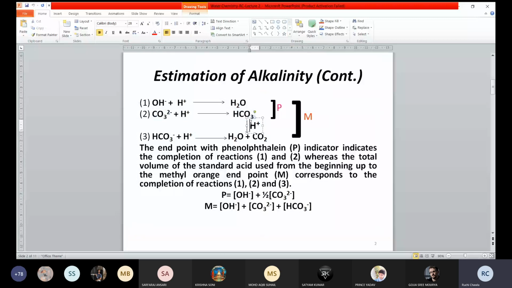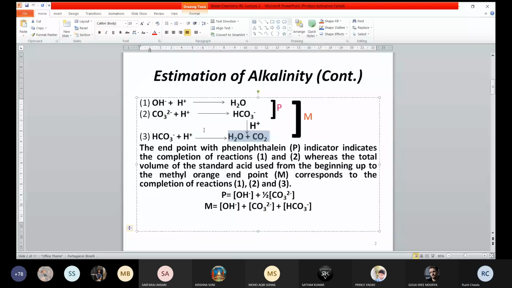If it is H plus here, it is H plus here as well. Finally, the bicarbonate ions formed in the reaction get converted into H2O and CO2. And the third reaction was when the bicarbonate ions initially present in the water sample are converted into water and carbon dioxide.